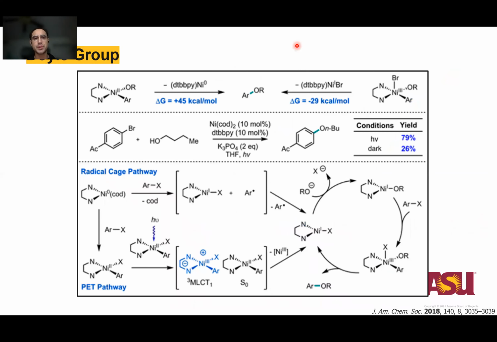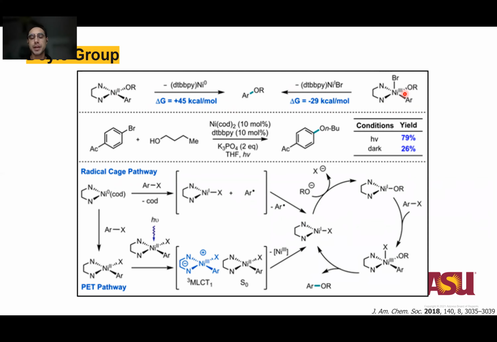And so to put that all together, they wanted to reiterate that reductive elimination from a nickel 2 complex is not very thermodynamically favorable, because as you can see here, the delta G for this process is going to be positive 45 kcal per mole, which is pretty unfavorable as compared to if you have a nickel 3 complex.